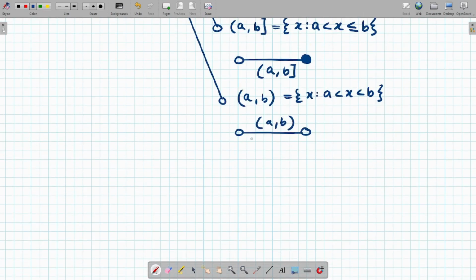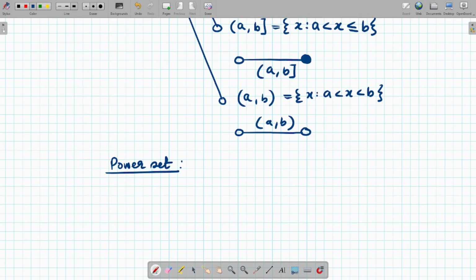Now let us just understand what is a power set. So what is a power set? Let's write down power set. And how do we define power set?